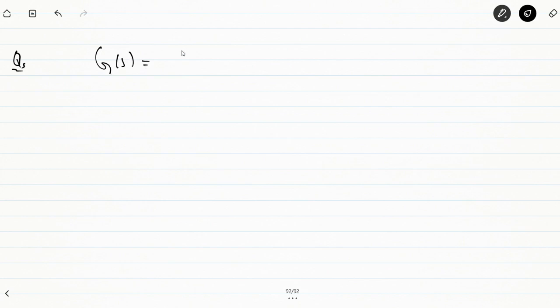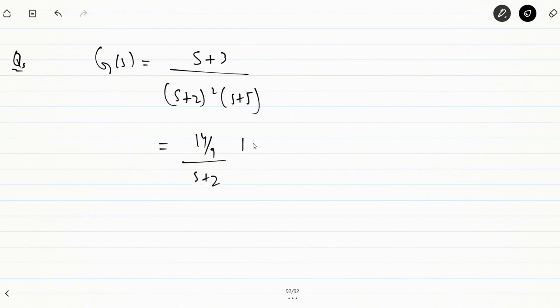g of s is equal to s plus 3 divided by (s plus 2) square into (s plus 5). After partial fractioning this, you will obtain 14 by 9 (s plus 2) plus 1 by 3 (s plus 2) square plus minus 2 by 9 (s plus 5).